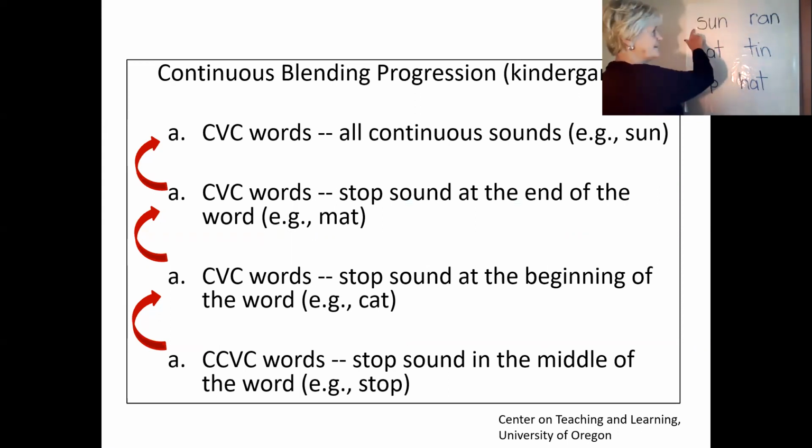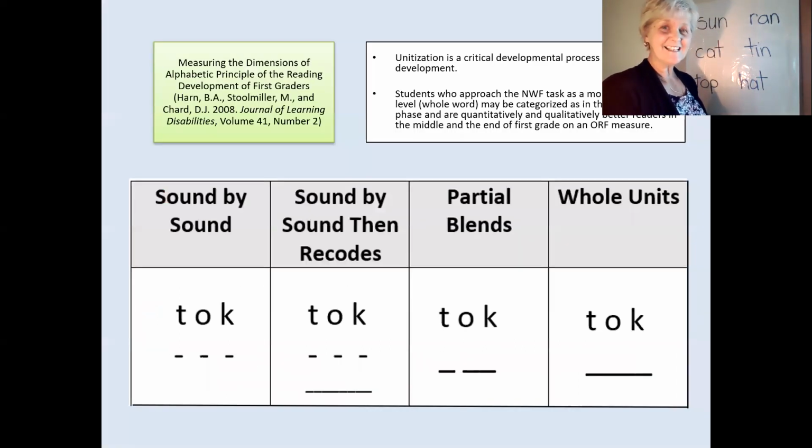And it goes like this: blend, sun, word, sun. One of the mistakes I hear in classrooms sometimes is that inadvertently we teach kids to stop between sounds. That is guaranteeing that they will probably stay in box one a little bit longer than they need to.